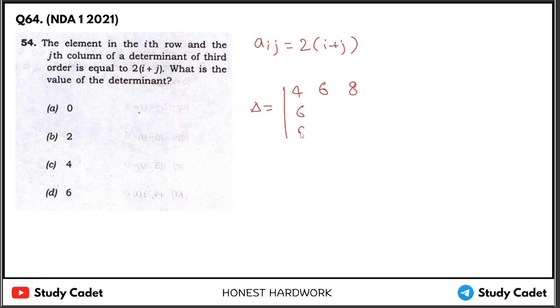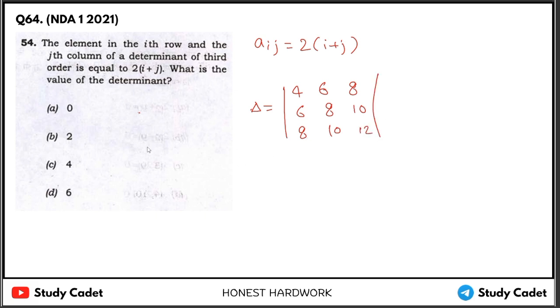Here 6, 8, 2 into 2 is 4... then third row second column, 3 plus 2 is 5, into 2 is 10, and 3 plus 3 into 2 is 12.